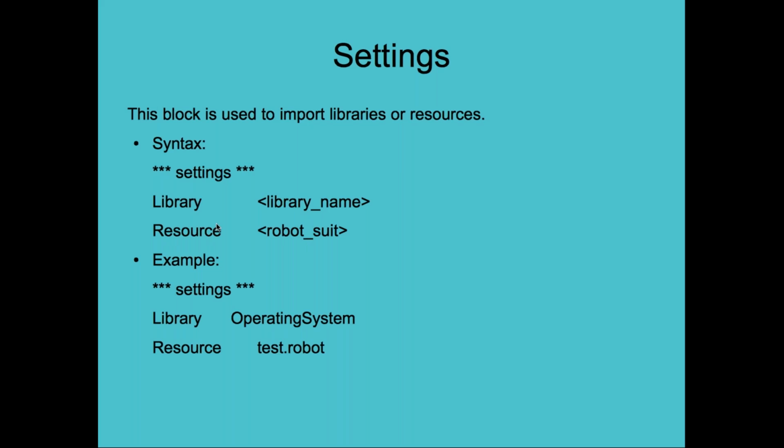This is the syntax. Here I gave an example: settings, library, operating system, and resource, just dot robot. Robot Framework itself supports a few inbuilt libraries. Those are already written in Robot Framework, so we can directly import and use them. For Library, you specify the library name.